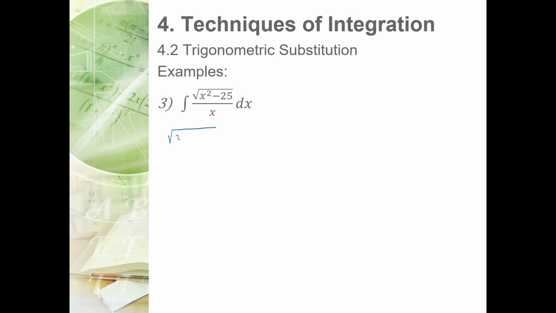Again, as per formula, u is equal to a secant theta. So this will be our u squared, and this will be our a squared, as long as it follows the format.